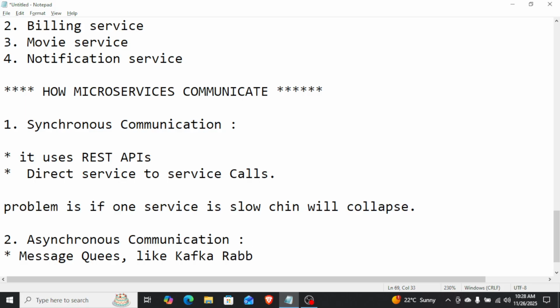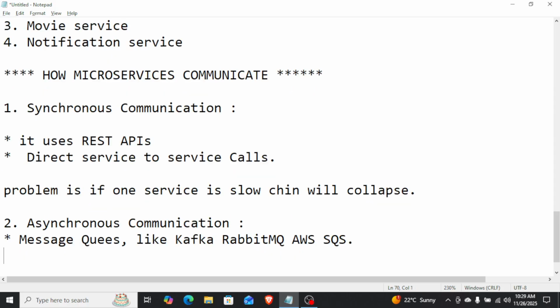Others are RabbitMQ and AWS SQS. They are best for high performance and loose coupling.